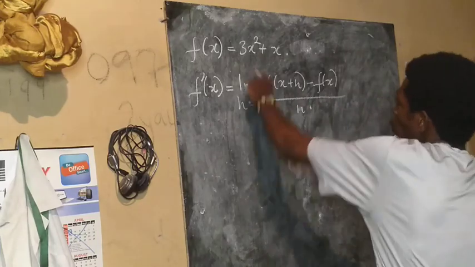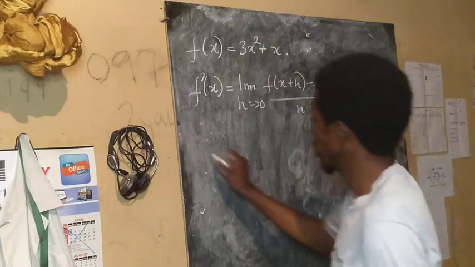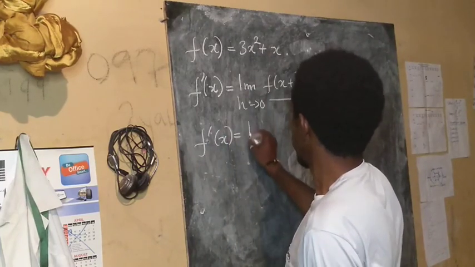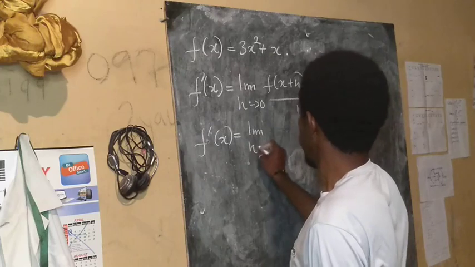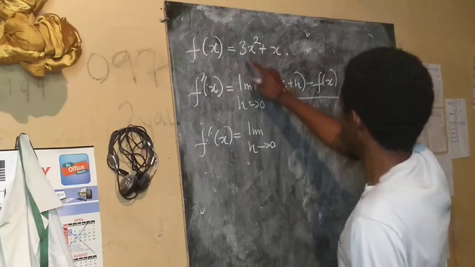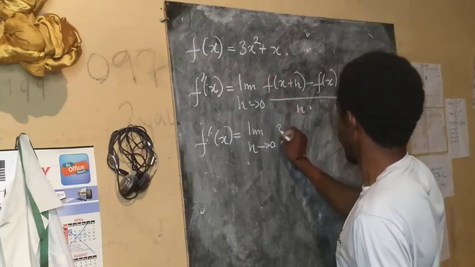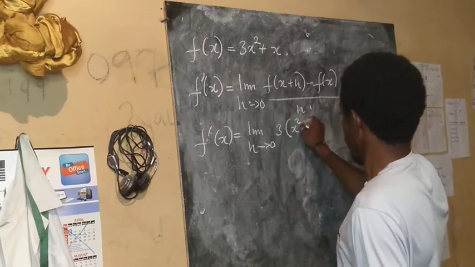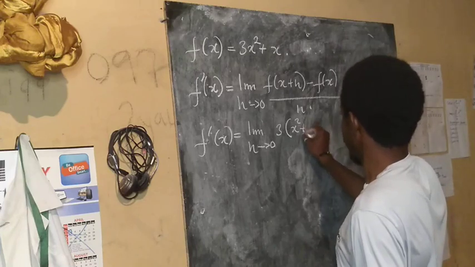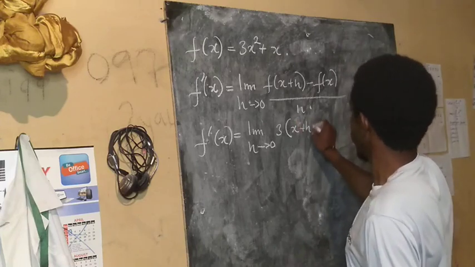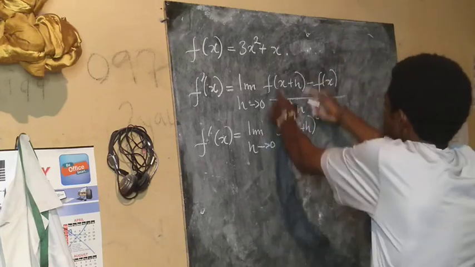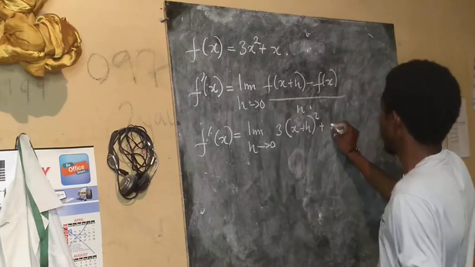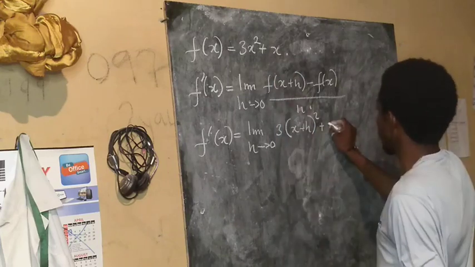So we know the expansion of this. What we'll do is f prime of x equals limit when h is approaching 0. This 3 will be written first, so we say 3, then since x is squared, we'll say x squared, plus x plus h, and then we'll square all of this. Then we'll say plus x.